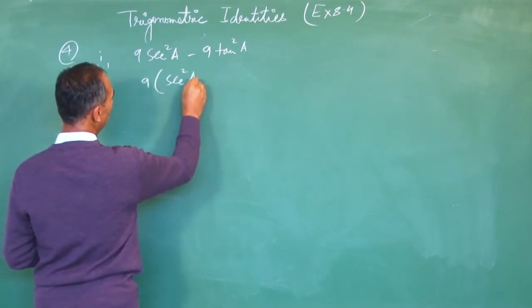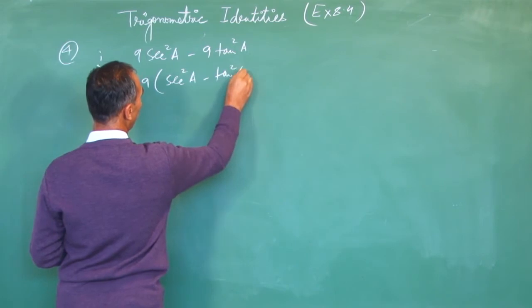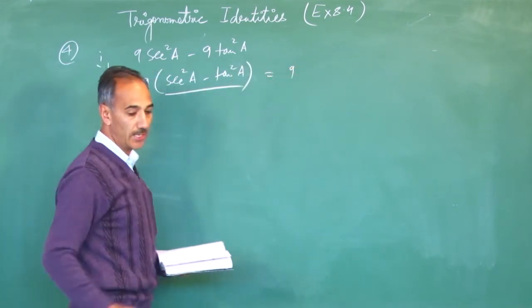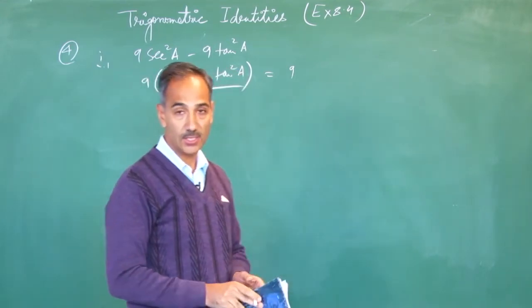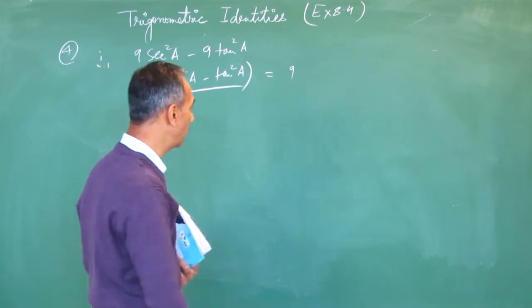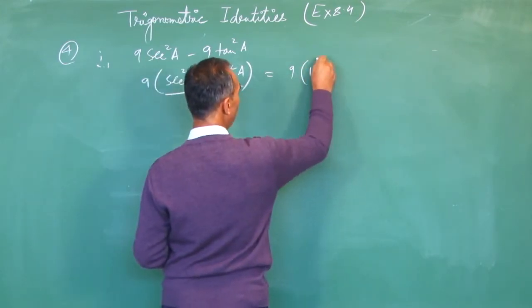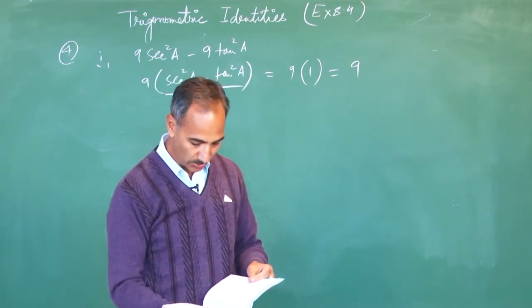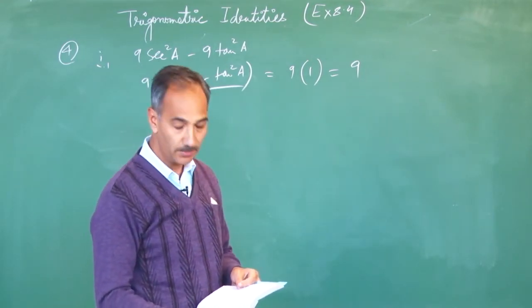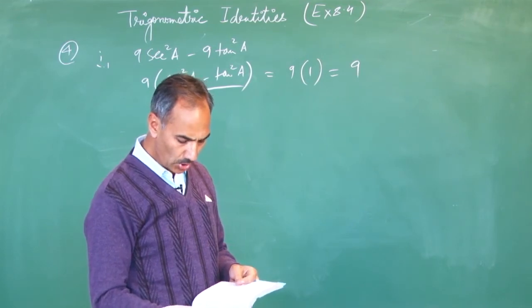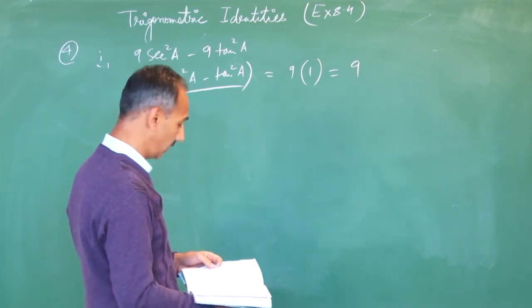You get secant square A minus tan square A. Just now we derived the result: 1 plus tan square is secant square. So secant square minus tan square is 1. So this has to be 9 into 1. The final answer is 9. What are the options? First option A is 1, B is 9. So it matches with option B. So we'll say it's option B.